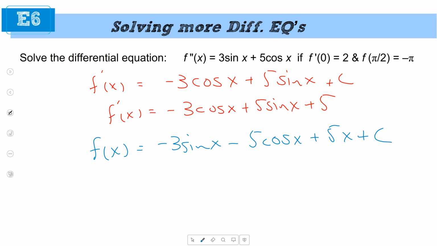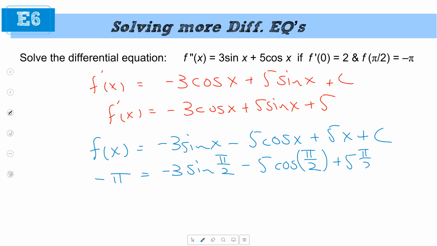The cosine of pi over 2 is 0. Negative pi is equal to negative 3 times the sine of pi over 2 minus 5 times the cosine of pi over 2 plus 5 times the pi over 2 plus c.